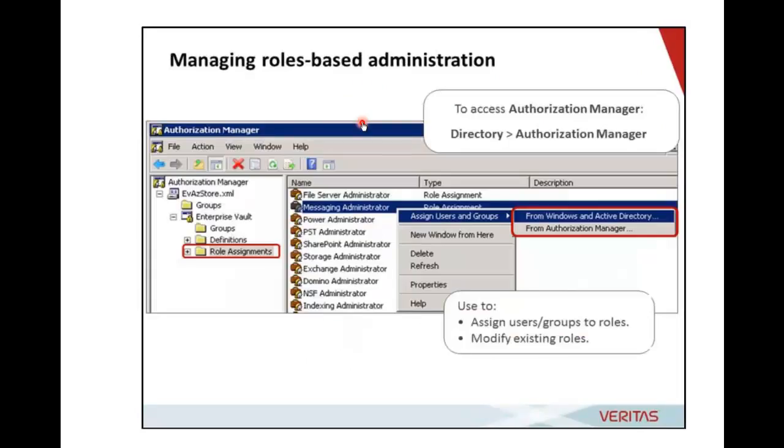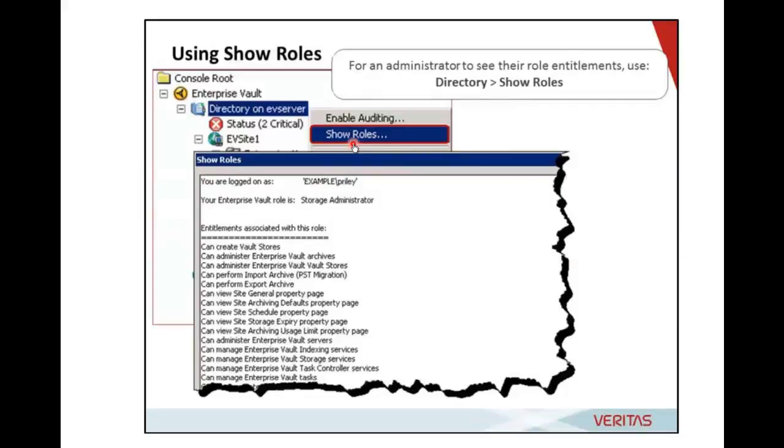We assigned roles and access by creating an Exchange admins group and assigning that role to a particular user and adding it to the Exchange admin role. And we investigated the Show Roles tabs for both users, the Exchange admin as well as the Enterprise Vault user.